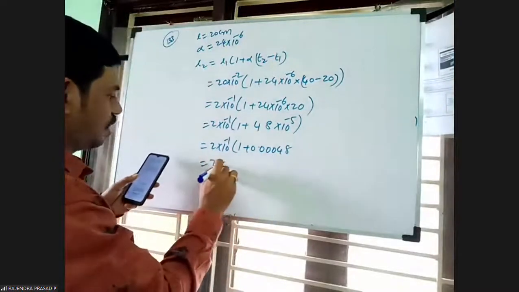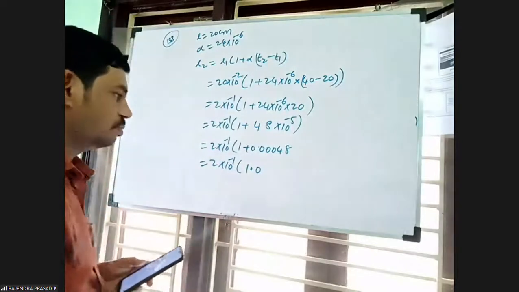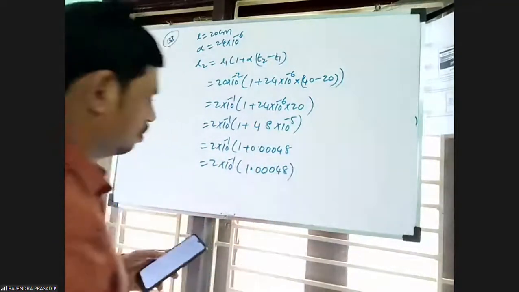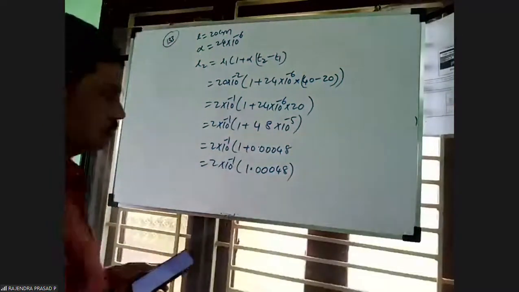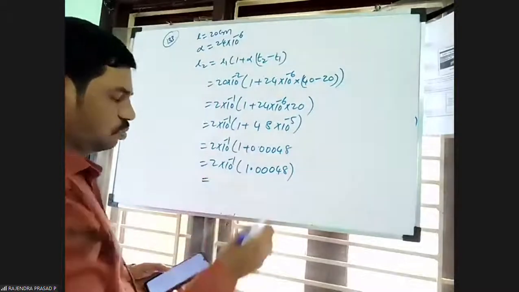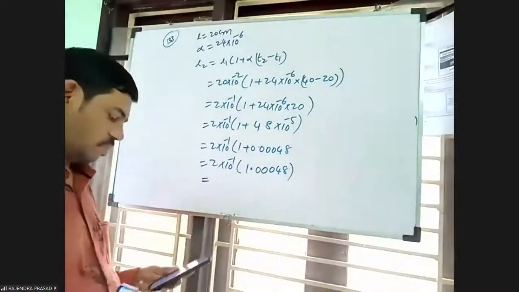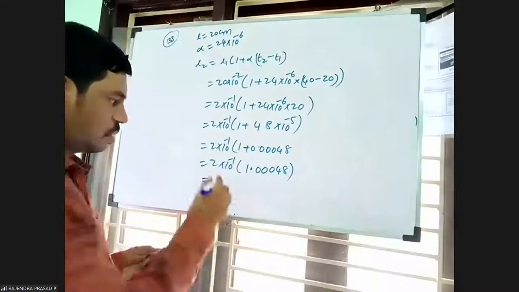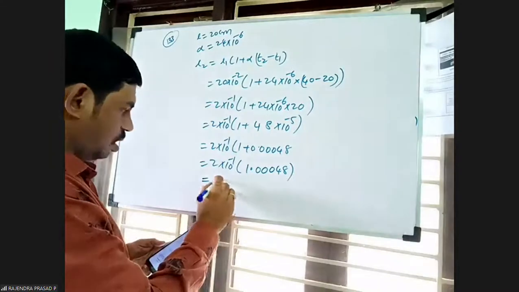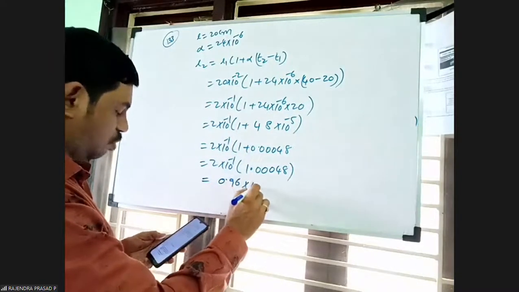So 2 into 10 power minus 1 into 1.00048. So 1.000 into 2, 96. So 9.6, okay, 0.96 into 10 power minus 4 meter.